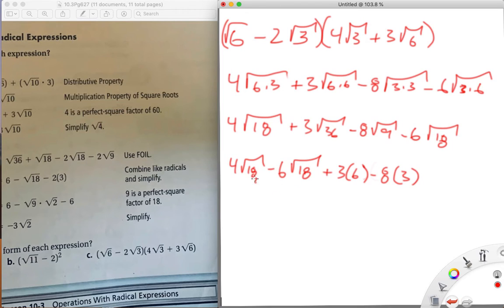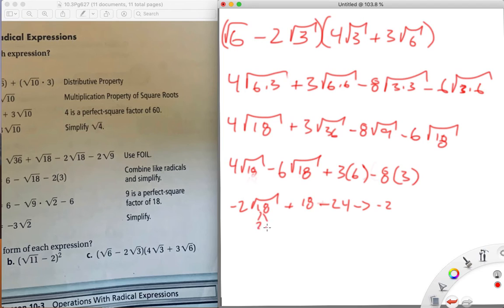Here I can pull out a 2 and a 9. So before I do that though, I'm going to combine them. 4 minus 6 is negative 2. So it's negative 2 root 18 plus 3 times 6 is 18, minus 3 times 8 is 24. So that gives me negative 2, and I can pull this out, right?